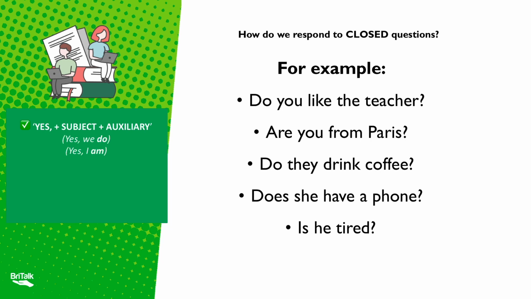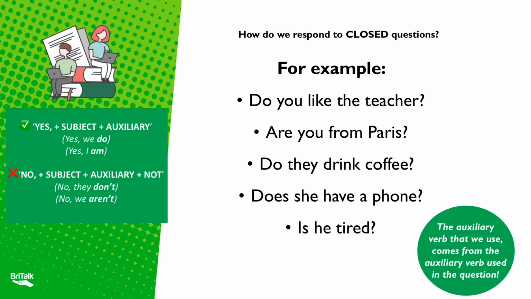For example, yes, we do, yes, I am, or no plus the subject plus the auxiliary plus not. So, no, they don't. No, we aren't. The auxiliary verb that we use comes from the auxiliary verb used in the question. Quindi il verbo ausiliare che useremo viene da quello già usato nella domanda.